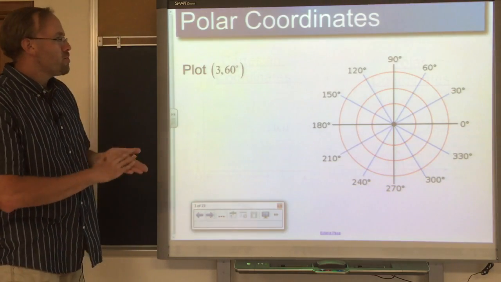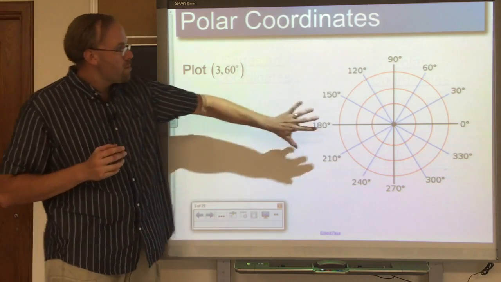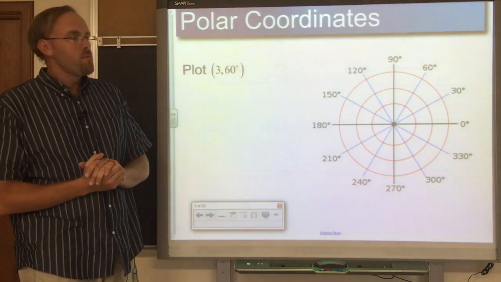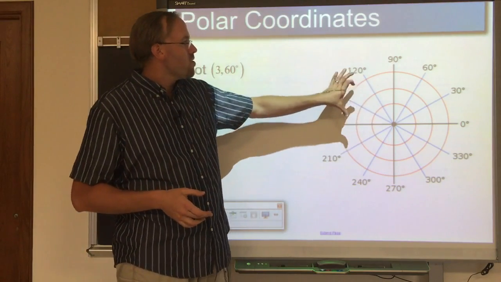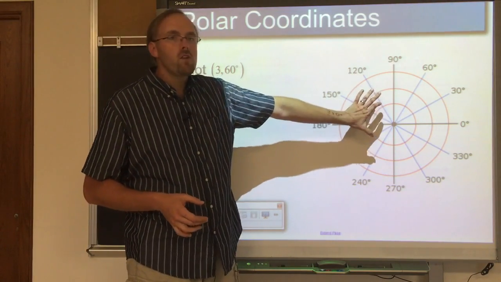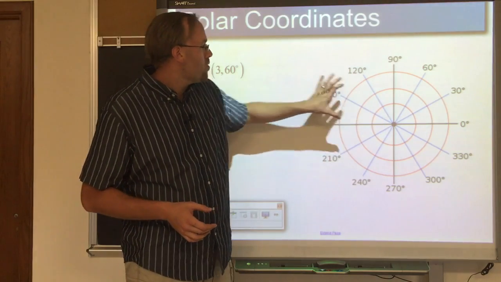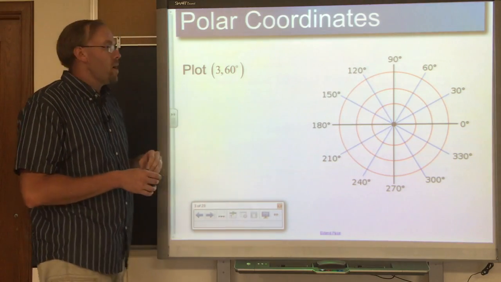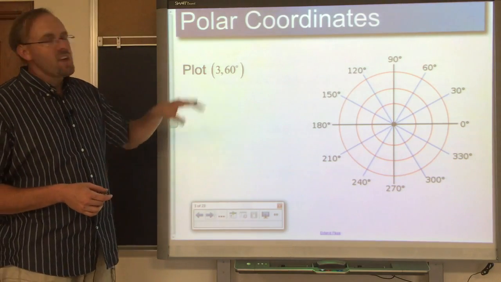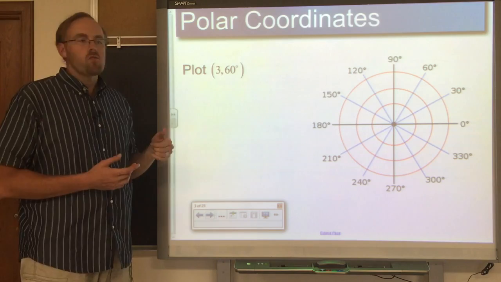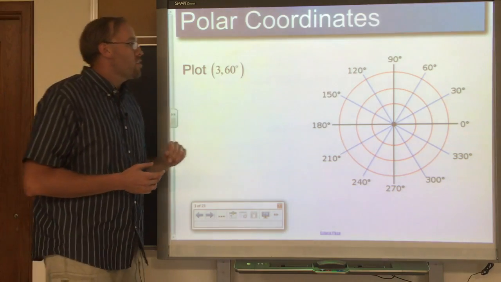So let's plot them. Now this is what a polar grid looks like. So you see all our angles are laid out, and then we have these concentric circles. So this one is 1 unit away from the origin, this is 2 units away, and then this is 3 units away. Now when we plot, we first identify the angle. It's actually kind of backwards. We actually read the angle value first.